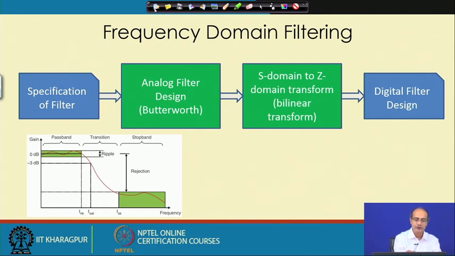Next, we need to give the amount of attenuation, or the difference between the pass band and the stop band. We take the maximum of the stop band response and the average of the pass band response, and this difference is the rejection. We tell that so many dBs of attenuation need to be there from pass band to stop band.